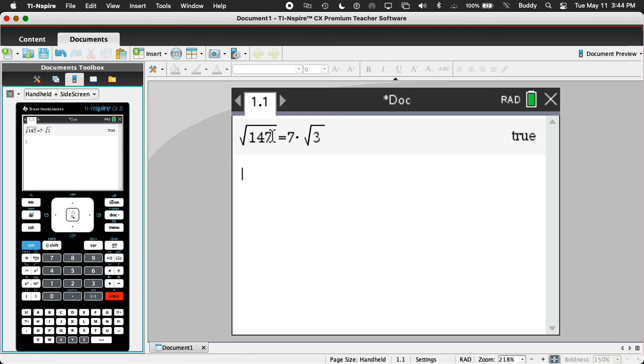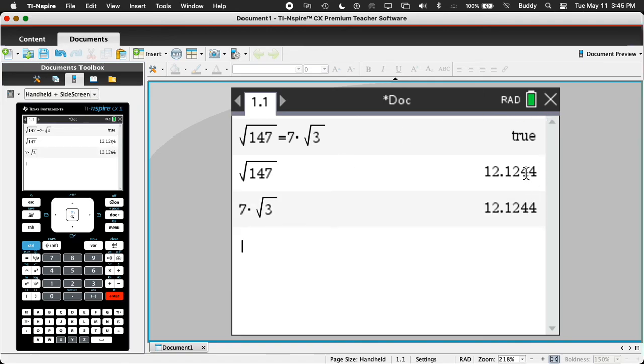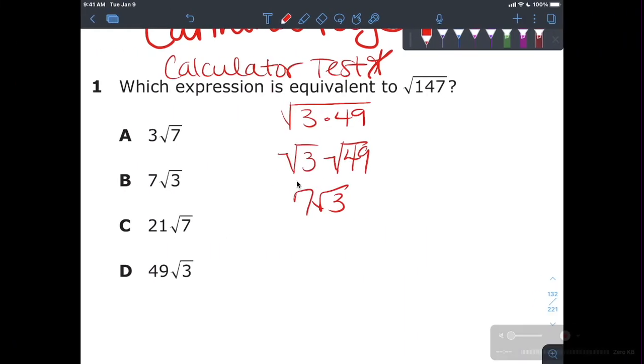So my suggestion whenever you're dealing with radicals, to verify that they are exactly the same, is to type them in individually. You should receive the exact same number here. In the 2018 test, there is a very similar problem where doing it in this way will not provide an answer. So make sure to do it this way whenever you are working with radicals.